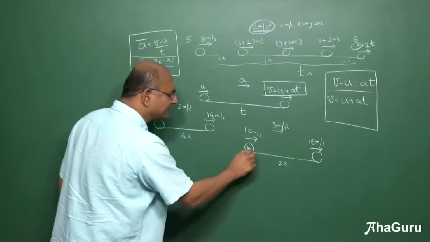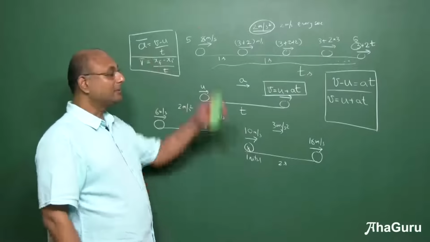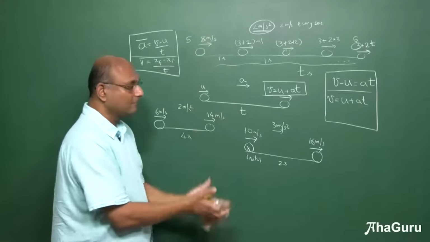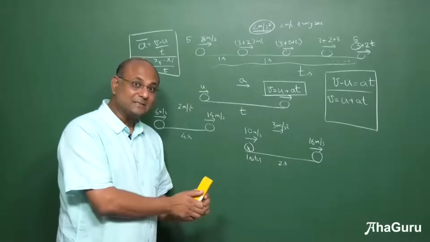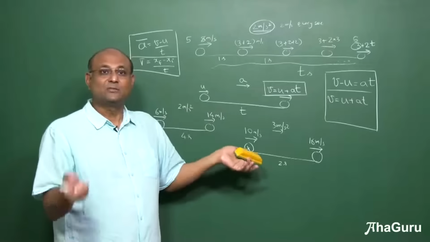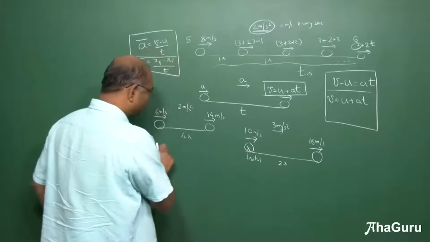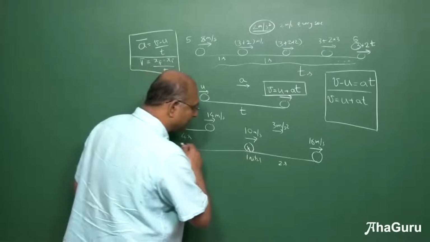First point. What is this initial? What does it mean, initial? Suppose I drop this duster. What is the initial time? Is it the time that I drop the duster? Is it the time that I catch the duster? Initial is whenever you decide to open your eyes. So initial is any time that you choose. Suppose the object was traveling from here, I can say I'm closing my eyes, closing my eyes, closing my eyes.